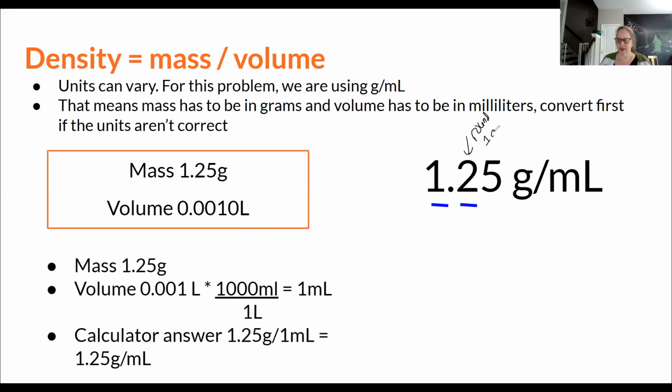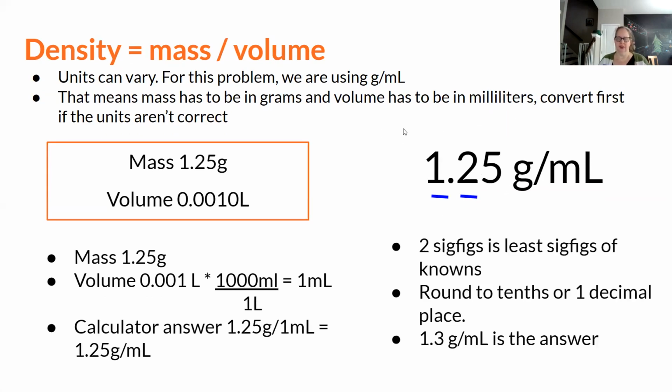This point is called the hundredths. So we're either going to round down to 0.12 or round up to 0.13. I look at the next number, it's a 5. 5 or greater, we round up. So my answer is 0.13 grams per milliliter is the density of this sample.